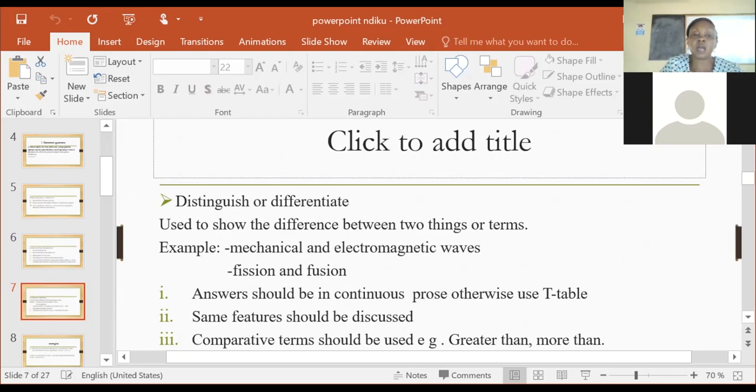And when we are given two similar things and we are to differentiate them, we have to use a comparative term. Comparative terms are terms like greater than, more than, less than.